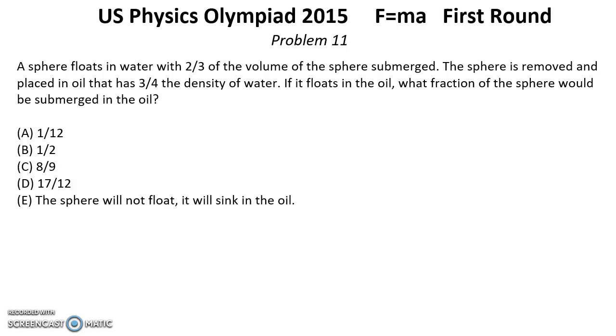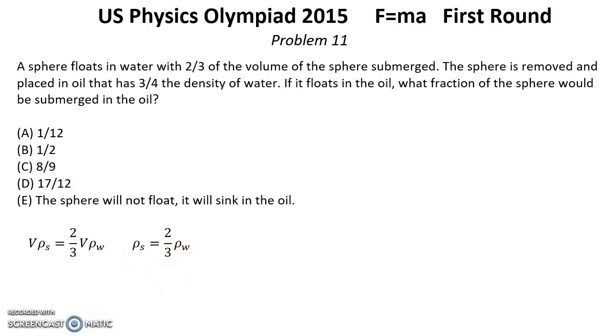Solution. Because 2/3 of the sphere is submerged in the water, we can write the equation: volume of the sphere multiplied by rho sphere equals 2/3 volume of the sphere multiplied by rho water. From here we find that rho sphere equals 2/3 rho water.